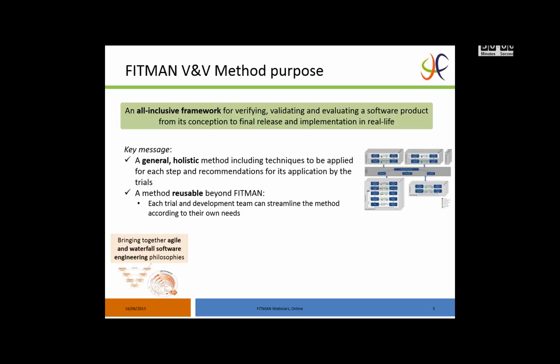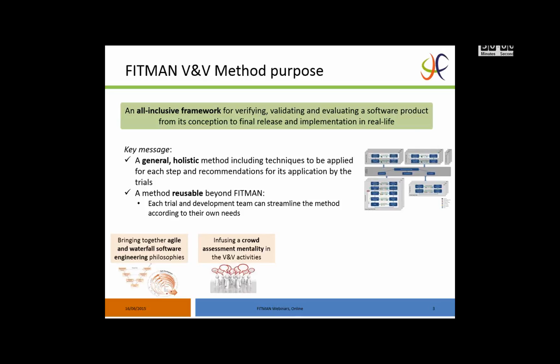What we noticed in the state-of-the-art analysis we conducted before elaborating the proposed methodology was that we had the V model for the waterfall software engineering V&V activities, and we had different, not so widely accepted V&V-like frameworks in case of agile development. The methodology we developed tries to bring them both together.